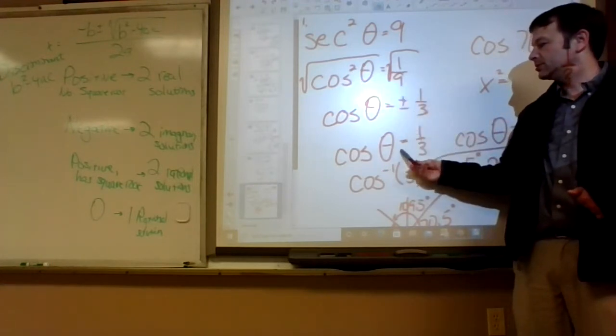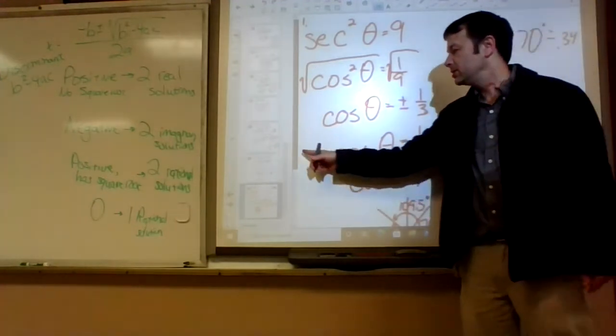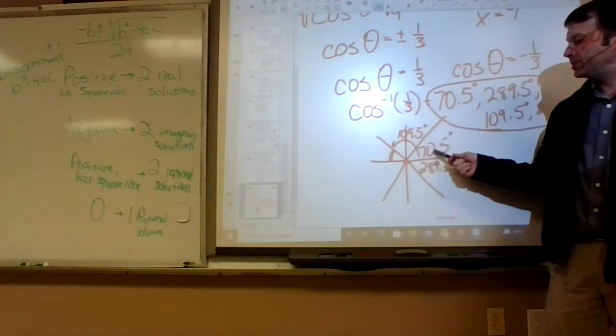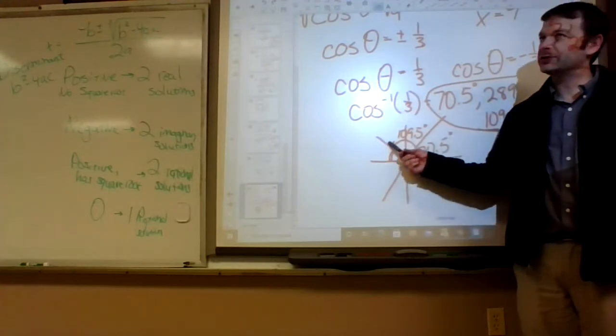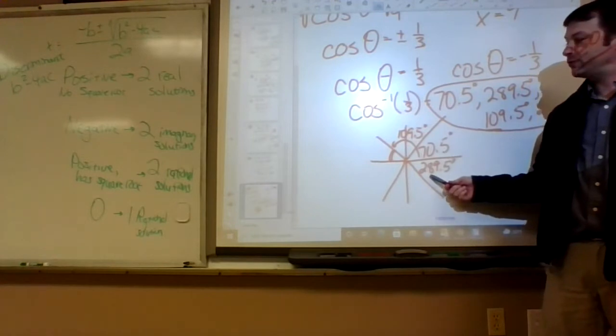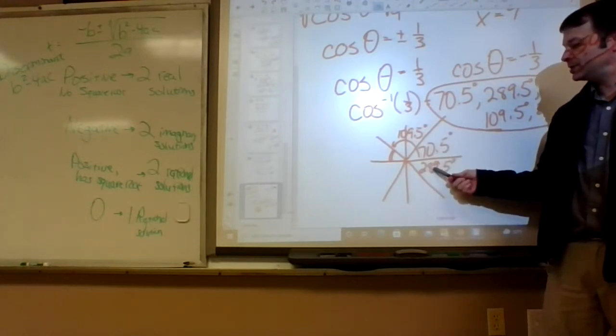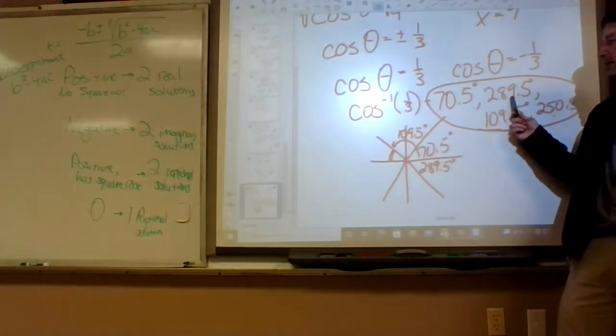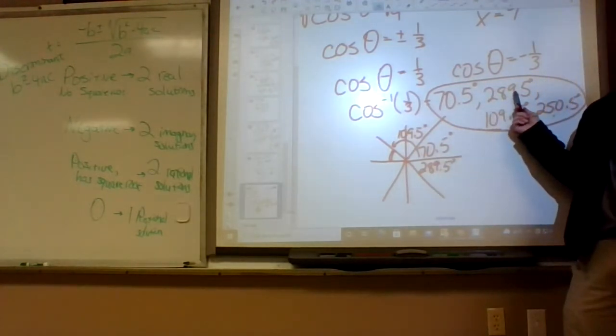Okay. So cosine inverse of 1/3 is 70.5, which is the right answer, but we're supposed to give all the answers between 0 and 360. Cosine is also positive in the fourth quadrant, so the fourth quadrant version is 360 minus 70.5, which is 289.5. This goes back to reference angles.